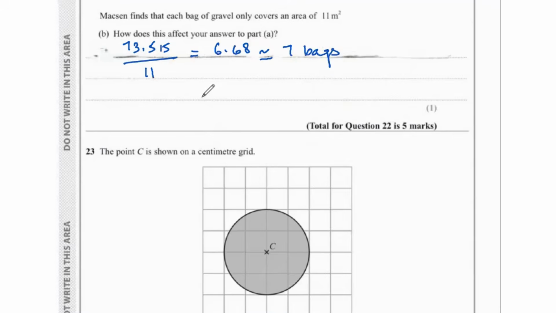So since the number of bags needed is increasing, that means we will need more bags. That's how this changes our answer, because as you can see, the same quantity is now being divided by a smaller number. So the result is going to be bigger than the one before. Hence, more bags will be needed.